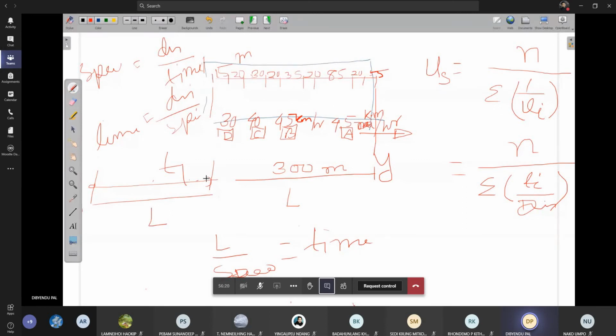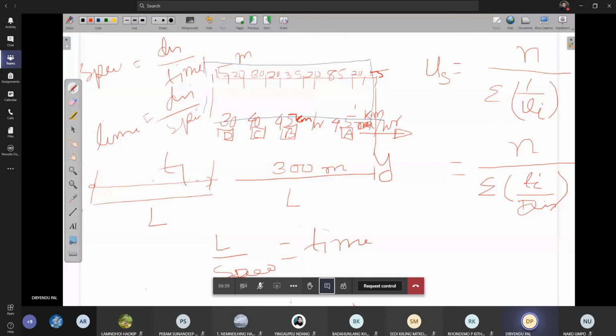Here what is our distance? Our distance is, say, here I have written 300 meter, or if you say the distance is L, then all the vehicles have crossed this section from position X to position Y. Whatever speed they have, it means they have crossed this section.